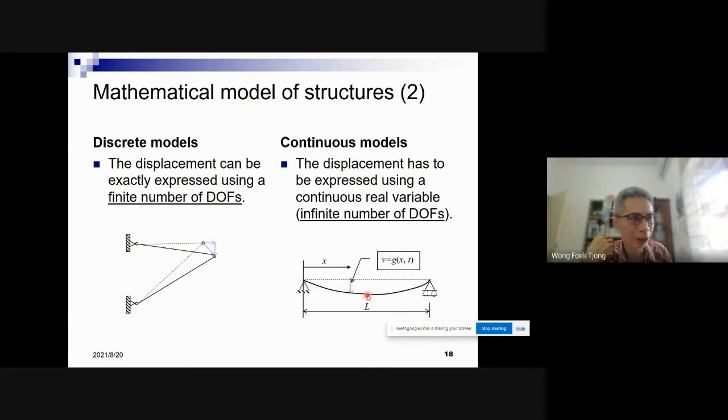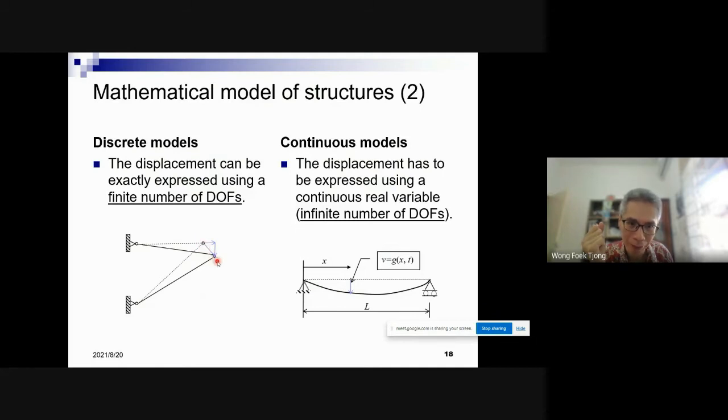This is a matter of assumptions. We may assume that the structure just moves. The important motion maybe is just this one. There is no bending because we neglect the self weight and so on. So because of that, the important characteristic of this structure is just this one, this vector.